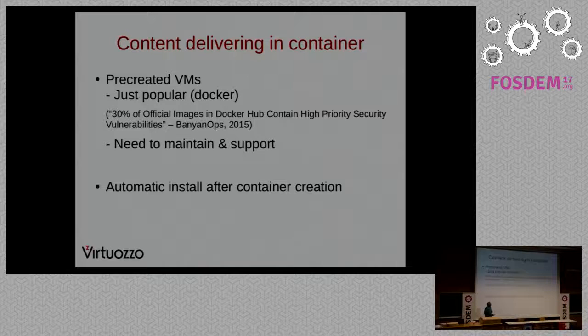First, we can pre-create a bunch of VMs. I can even say that it's a zoo of VMs. For example, a VM with Apache, a VM with PHP, a VM with Ruby, and others.